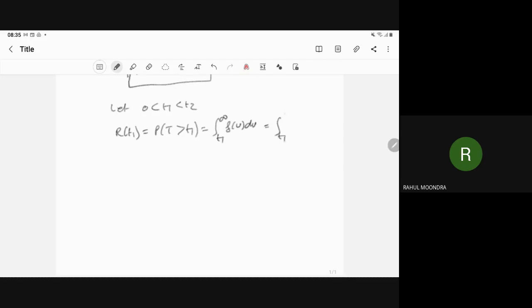This can be written as the integral from t1 to t2 of f(u) du plus the integral from t2 to infinity of f(u) du.